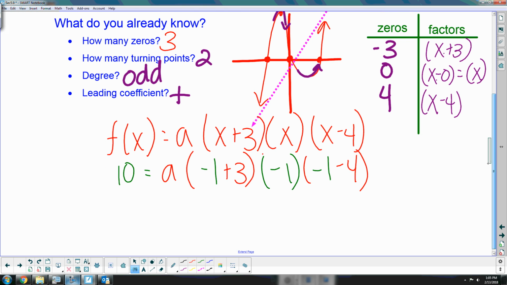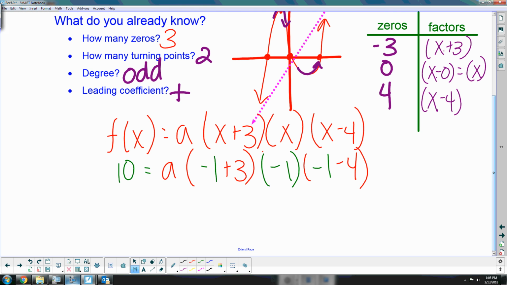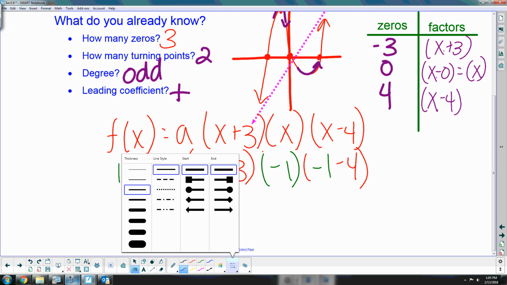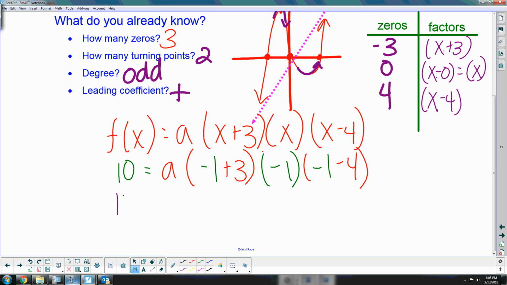Right, now let's simplify this. So 10 equals, we still don't know what our a is, that's what we're solving for. -1 plus 3 is +2, times -1 times -5.